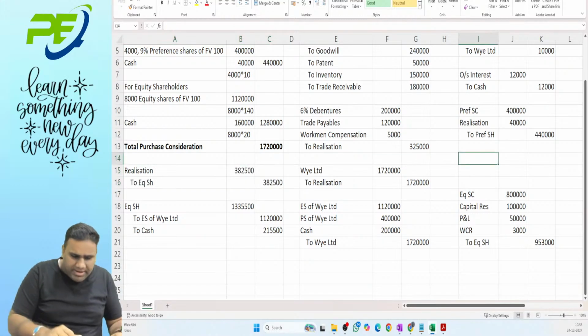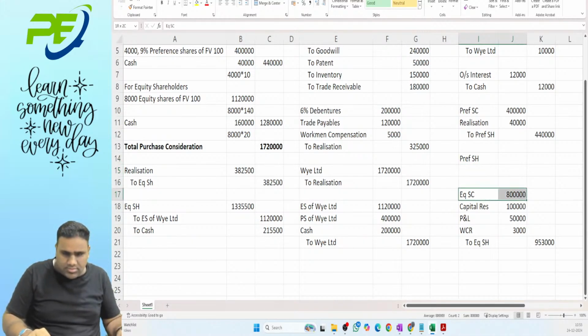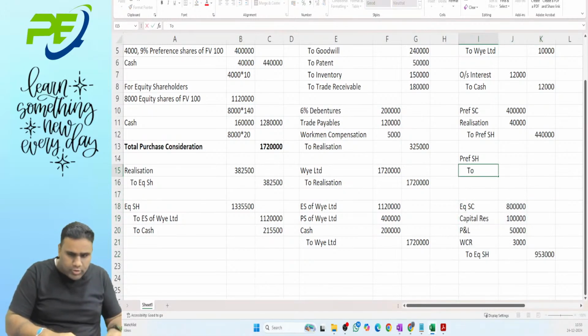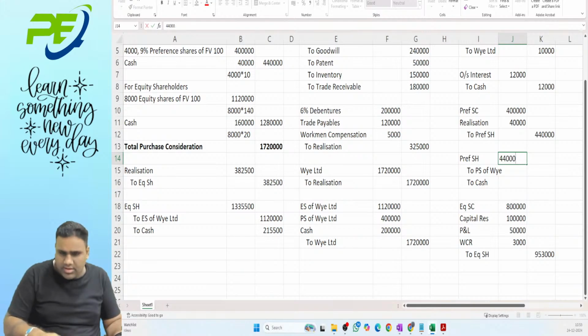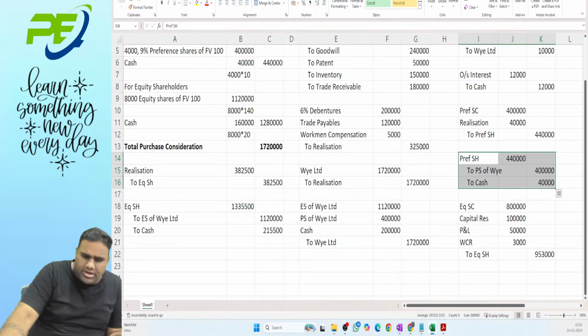For the preference shareholder payment entry: preference shareholder to cash, to preference shares of Y Limited to cash, 4 lakhs 40,000. Everyone, so now this is okay.